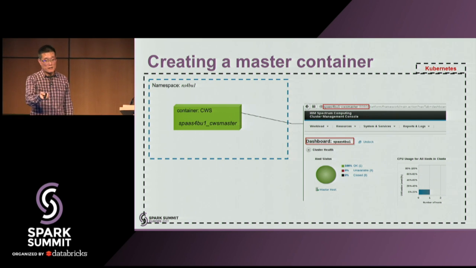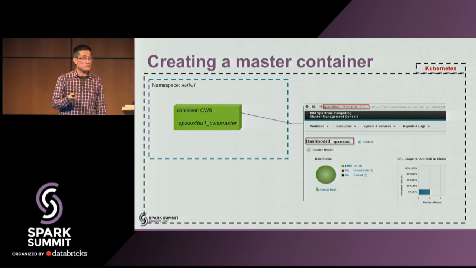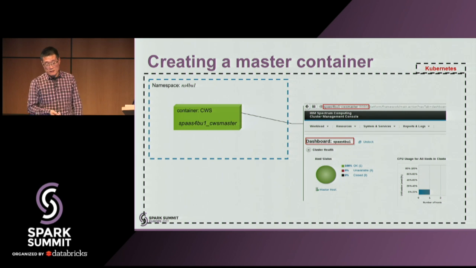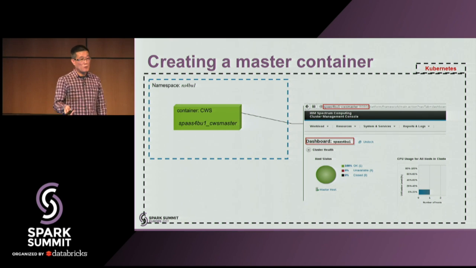Like I created NIS4BU1, and I got one container called the CWS master container. This container exposes a web GUI interface, so you get CWS called SPAS for BU1. Because it exposes a web URL as a service, you can access it from the outside world.